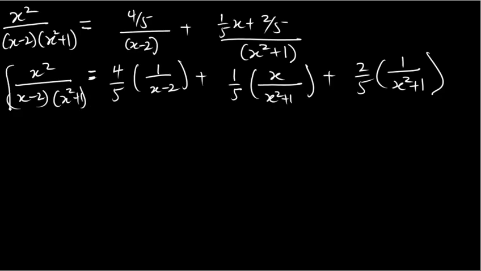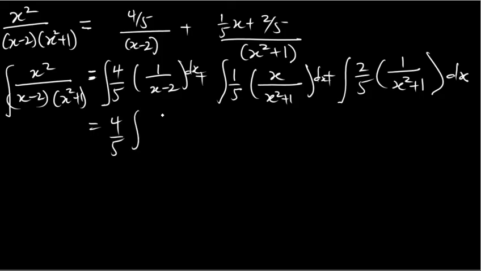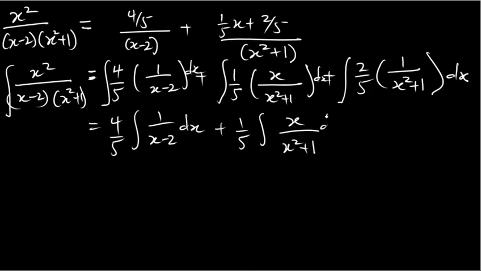So here, x squared on x squared plus 1. We can apply our integral, then our integral separately, with respect to the x. This is going to be 4 on 5, integral of 1 on x minus 2 dx, plus 1 on 5, integral of x on x squared plus 1 dx, plus 2 on 5, integral of 1 on x squared plus 1 dx.